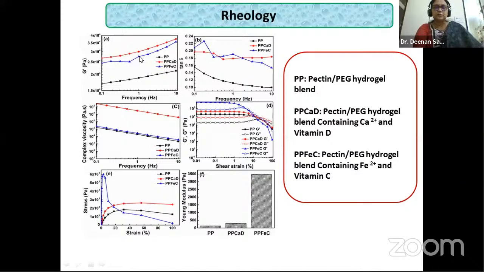The elastic property of PPFEC, the iron-containing sample, is less. As we know from the chemistry, calcium binding onto the pectin is weaker, while iron binds very strongly, so it is a very rigid material compared to calcium 2+. This is a very important finding of the chemistry.